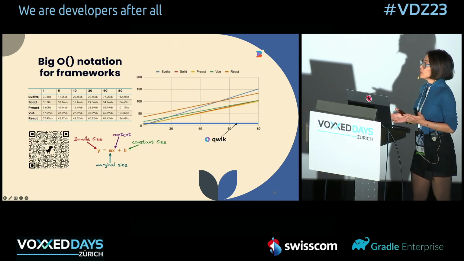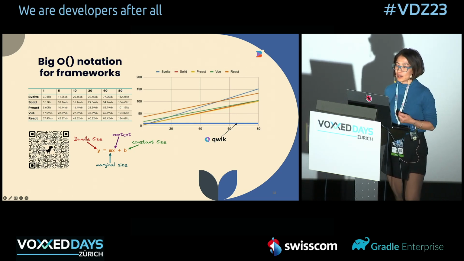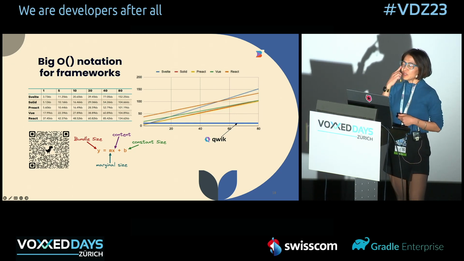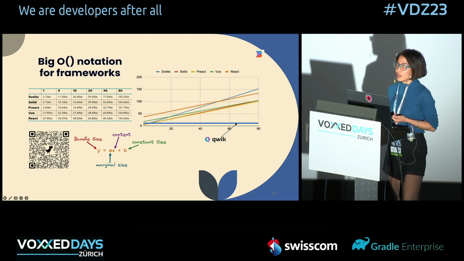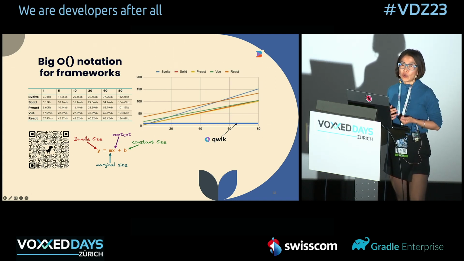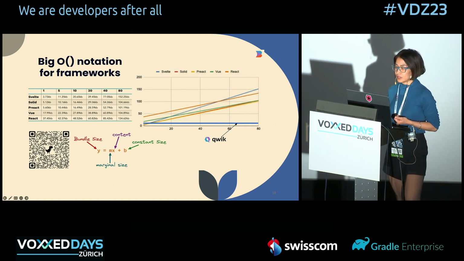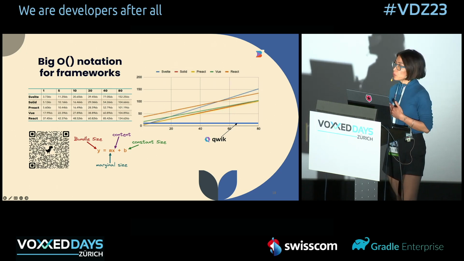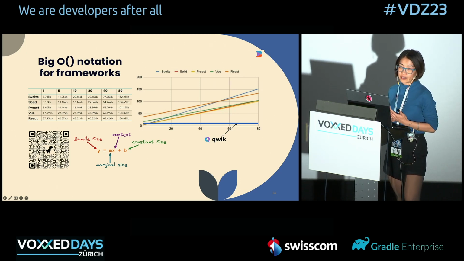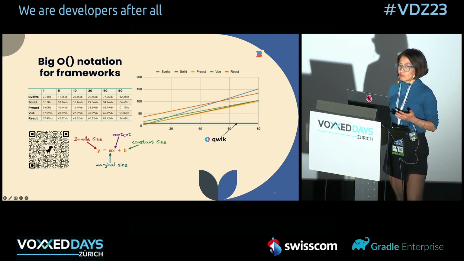So, what is the problem that Qwik is trying to solve? The unfortunate reality of today's web applications is that they are way too slow on the initial load or startup, because we ship way too much JavaScript on the client.